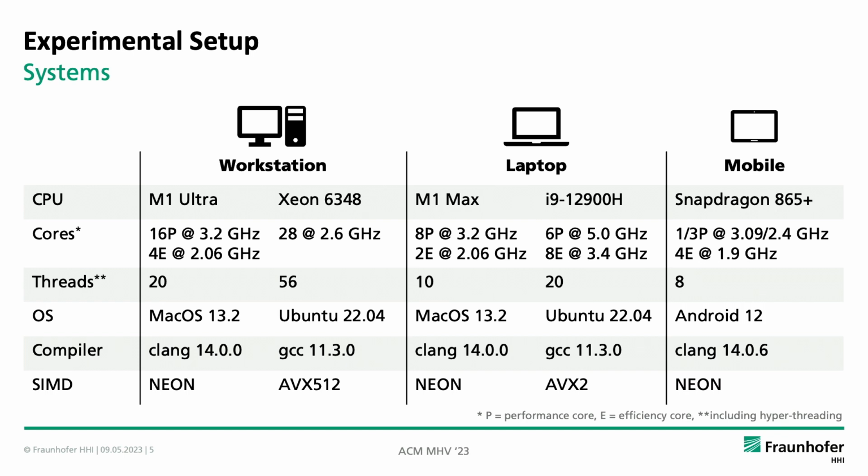The SIMD extensions supported by the M1 Ultra are Neon, and the Xeon supports AVX 512, which is not supported by VVenC. So there's still a bit of potential that you can exploit here. We only support up to AVX2 because this is the most recent extension that is supported by almost all x86 CPUs, and AVX 512 is still a bit niche in CPUs nowadays.